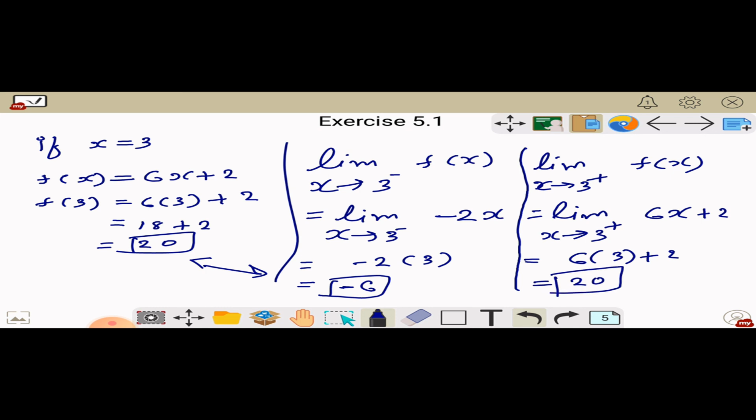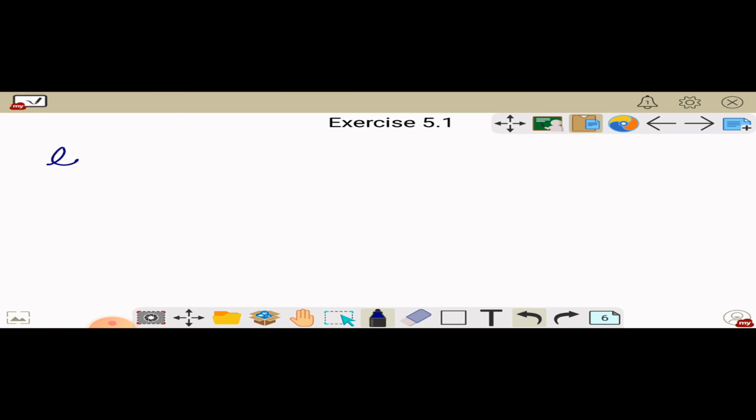So our function is not continuous at x equal to 3 because limit x tends to 3 minus f of x is not equal to limit x tends to 3 plus f of x.